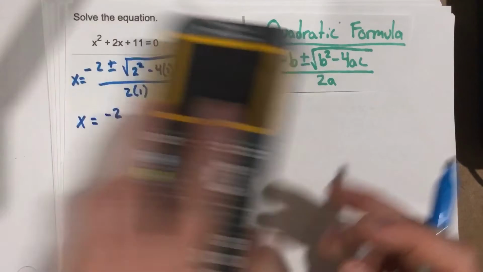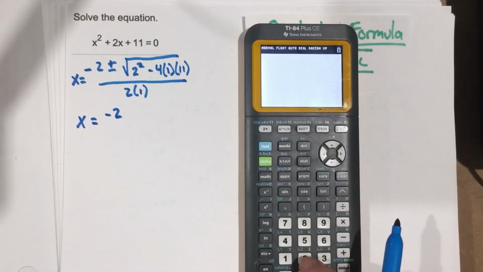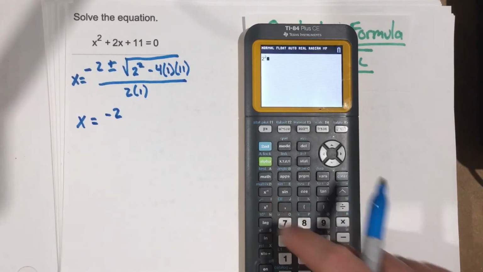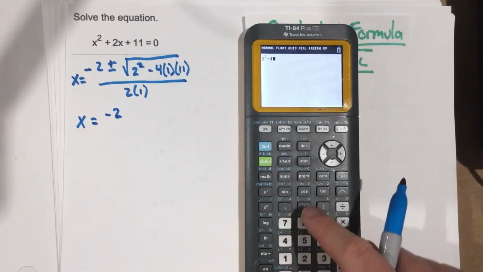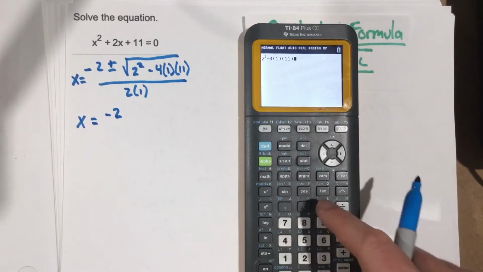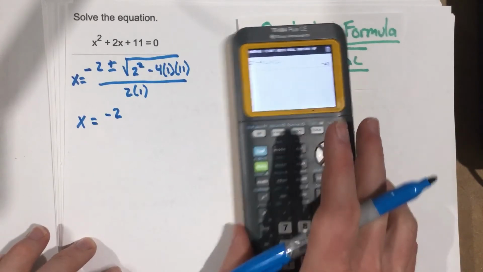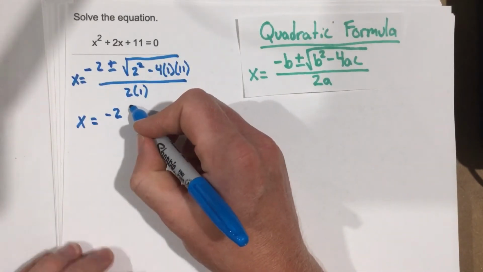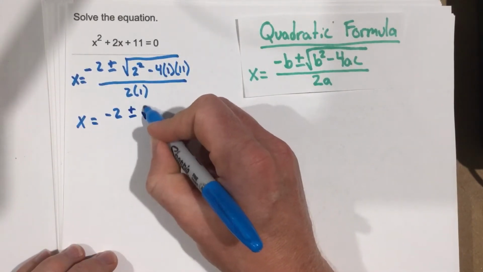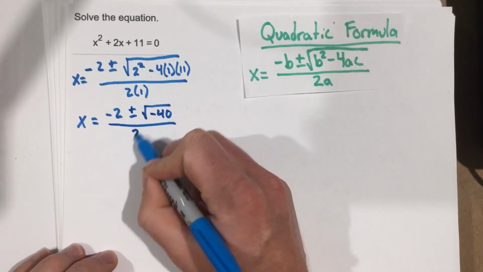I'm going to plug all this in the calculator. So we're going to have 2 squared minus 4 times 1 times 11. Remember, I'm just putting it in there exactly how it's written. It gives me negative 40. So I get plus and minus root negative 40 over 2.